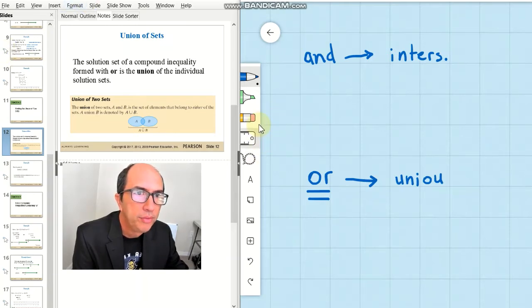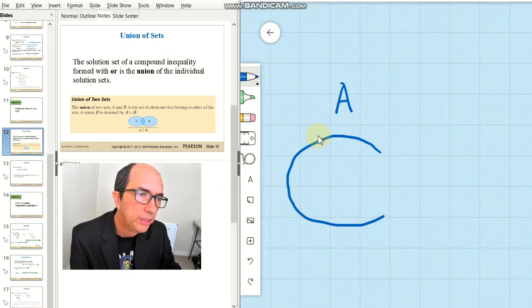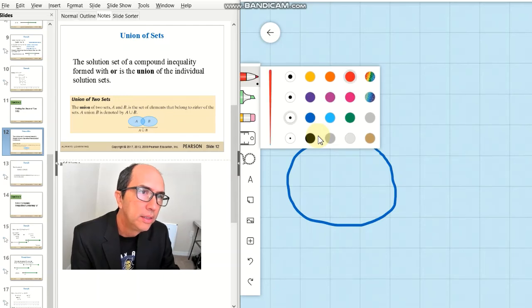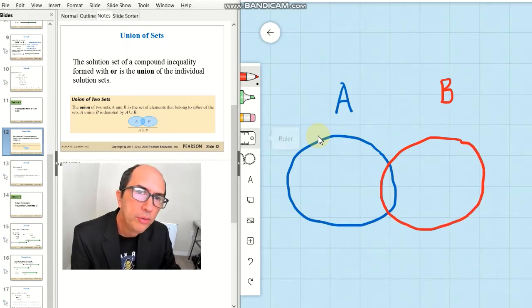Let's say we have two sets. Usually we're talking about two sets of numbers. And then you have set A. This is the representation, the Venn diagram of set A. And set B. And this is the diagram of set B. The union of two sets, A and B, is the set of elements that belong to either of the sets.